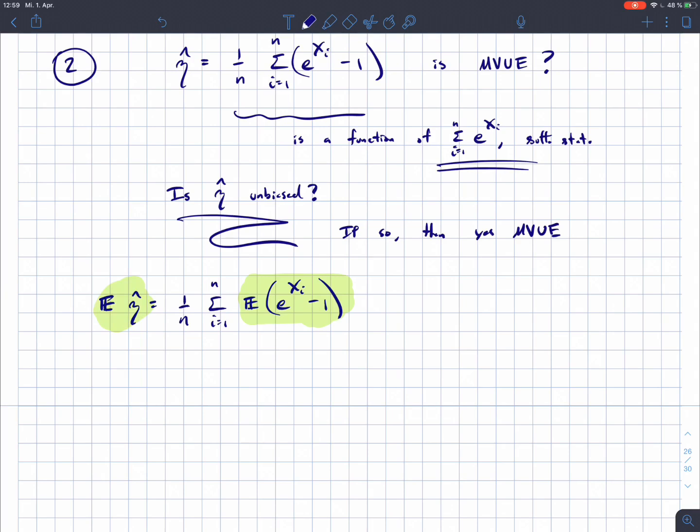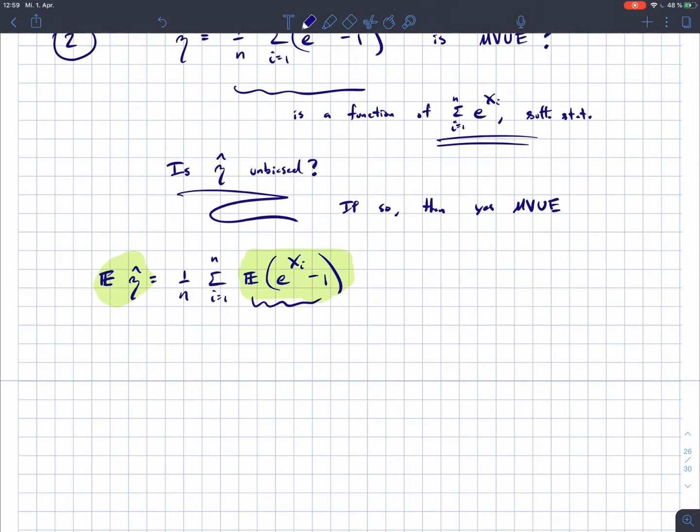But I'm going to have to do some work to get this part. So let's say for x having this density, which was 1 over eta e to the x e to the minus e to the x minus 1 over eta, x greater than or equal to 0.